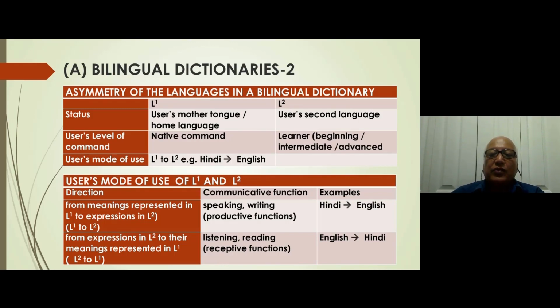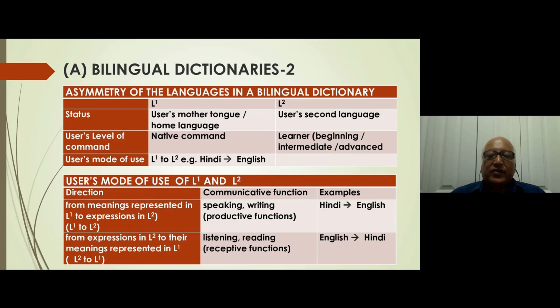So users' mode of use of L1 and L2 in terms of direction, that is, in terms of communicative function, you see, one segment of a bilingual dictionary is to move from L1 expressions, that is from concepts or meanings expressed in L1, to expressions, that is vocabulary and other words and expressions, in L2.